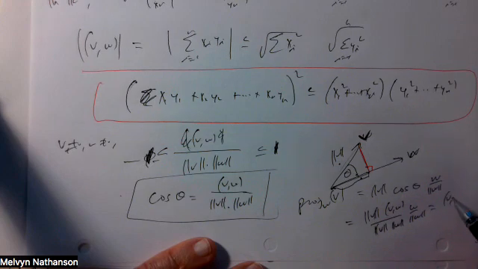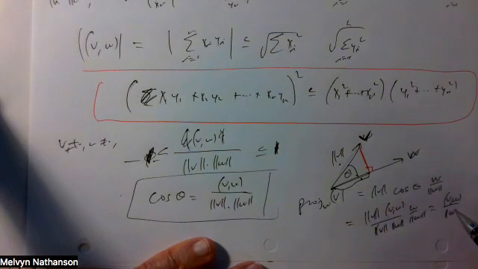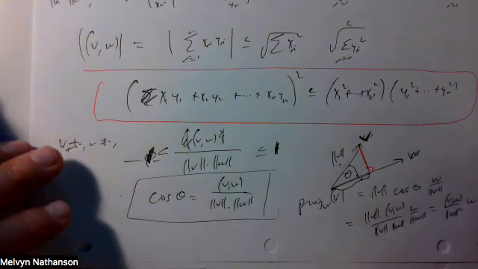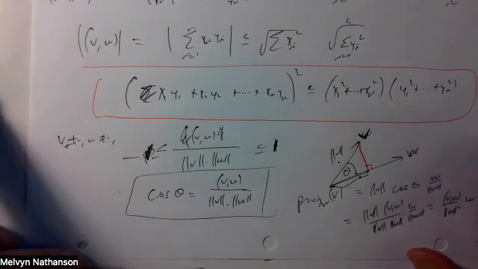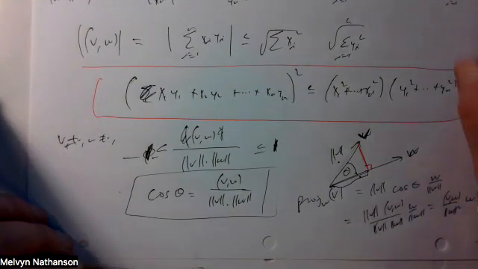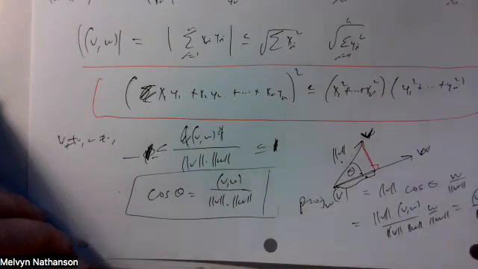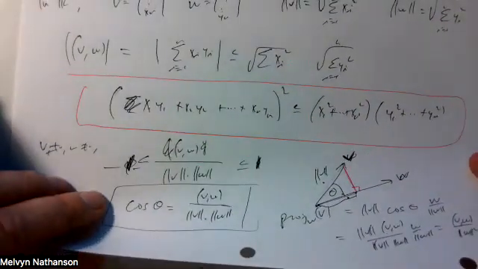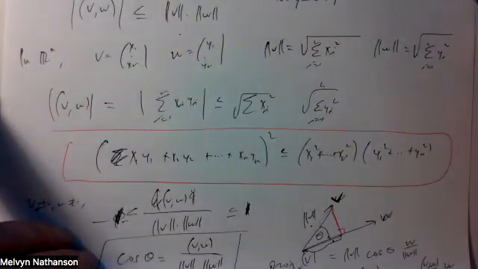This is the inner product of V and W over the length of W squared times W. So if you were working in the plane, this would tell you exactly what is the projection of one vector onto another. And in general, in any vector space, we use this as the definition.